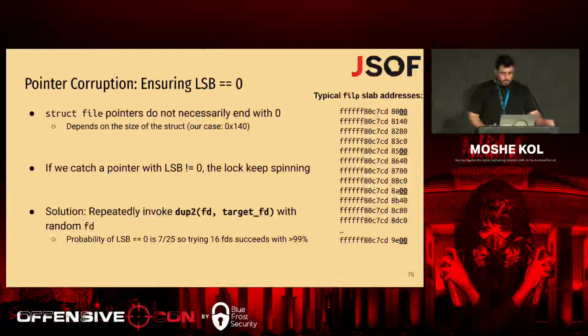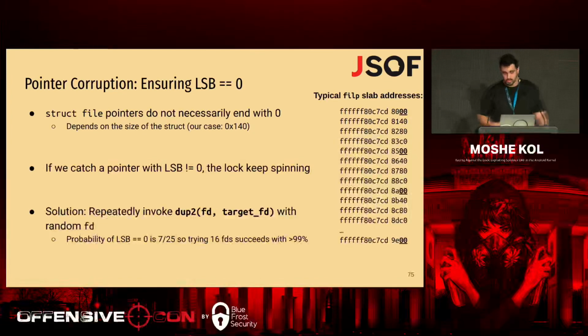But I still need to convince you that we can ensure that the least significant byte of this kernel pointer can be 0. First, it's not necessarily going to be 0, and if the least significant byte is not 0, it means that the lock will keep spinning, right? It will not break out of the spinning, and only if the least significant byte is 0 will it stop spinning. So the idea is that we can use the dup2 system call to repeatedly change the kernel pointer that is placed in that spot.